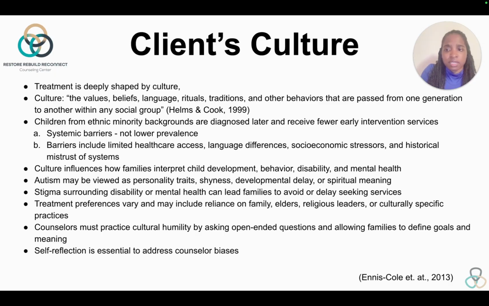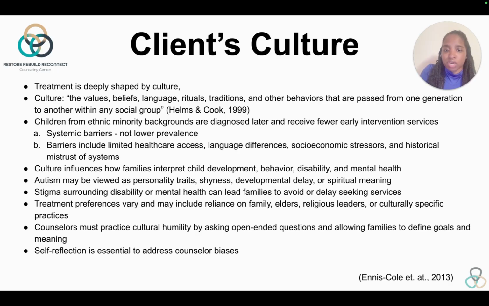And then this example also really shows why cultural humility is so important. Counselors really have to recognize that they are not the expert and the family is the expert of their own culture. So it's important to stay open minded, curious, and respectful. And it's okay to ask questions.